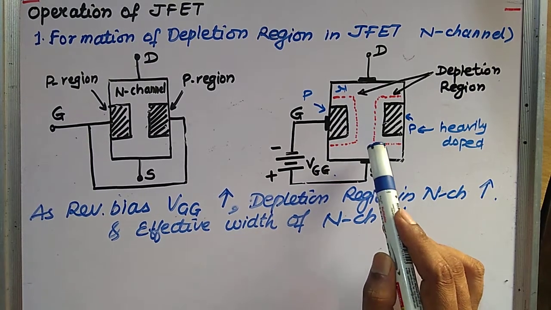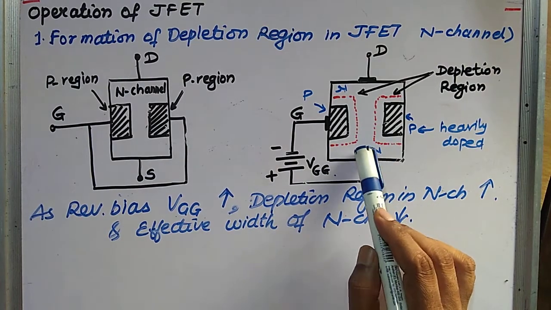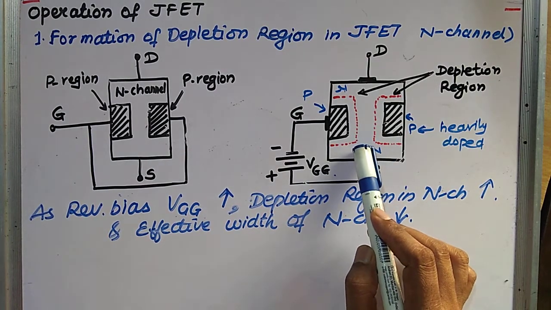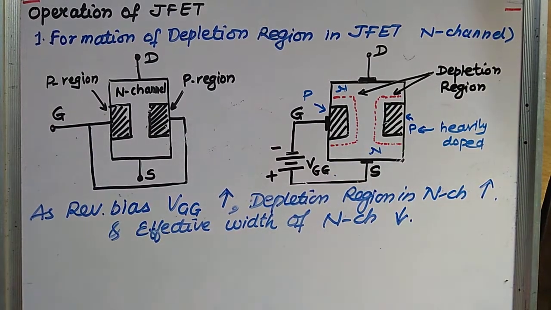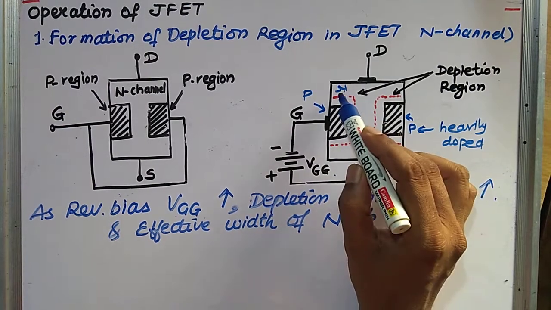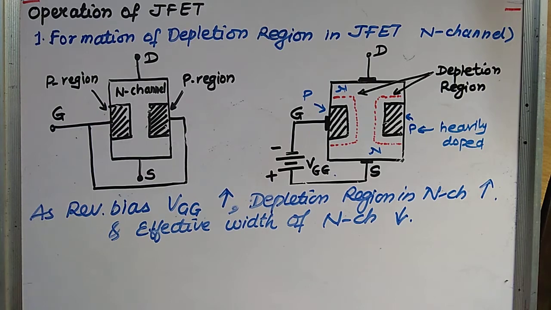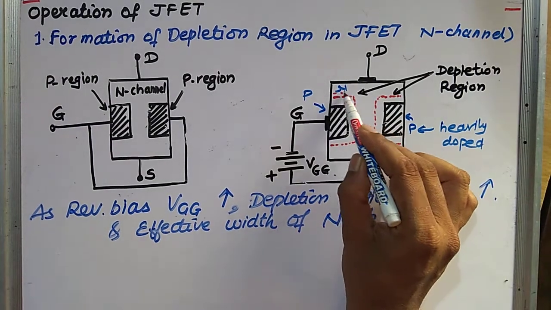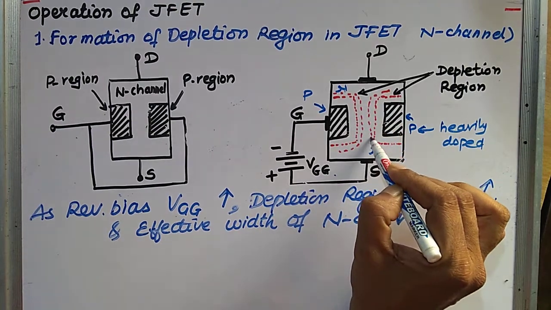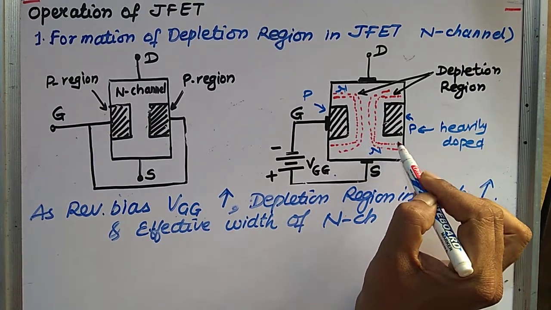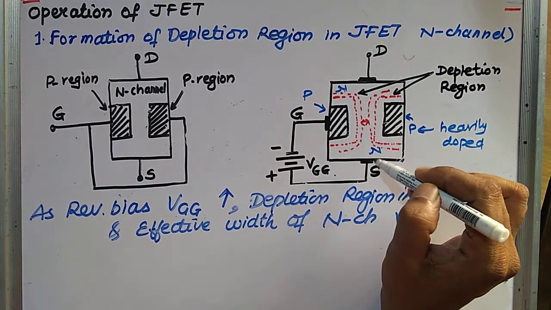As we keep on increasing the reverse bias, this depletion region is increasing, and so this channel width is reducing.